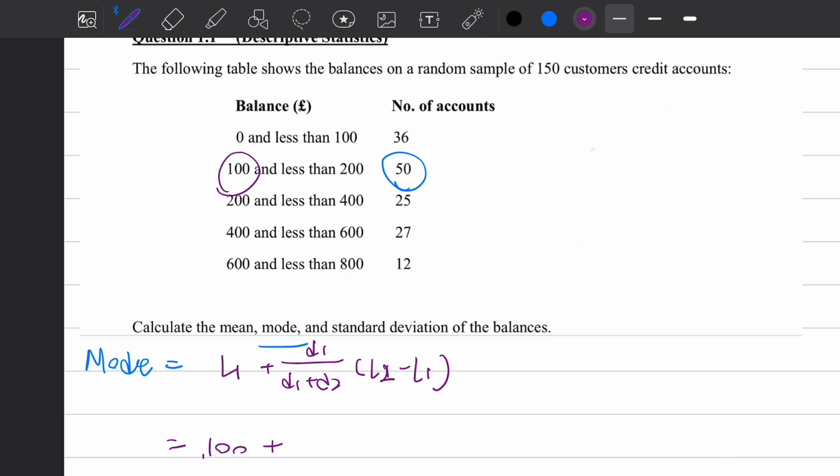D1 represents the frequency of the modal class minus the previous class, which is 50 minus 36.